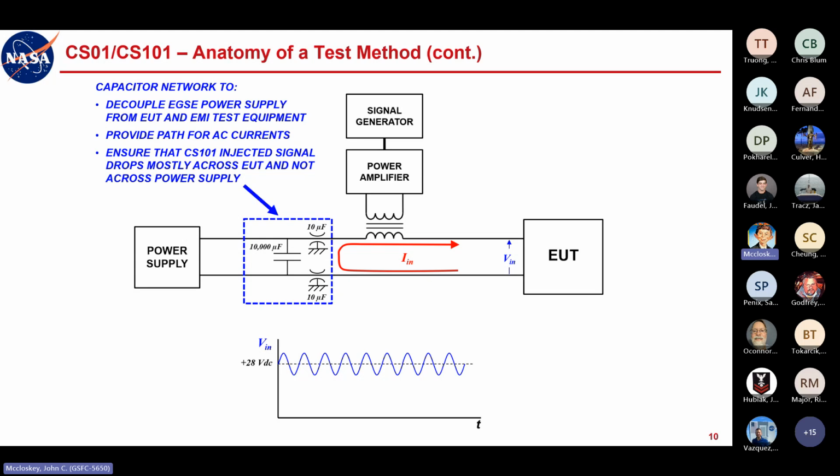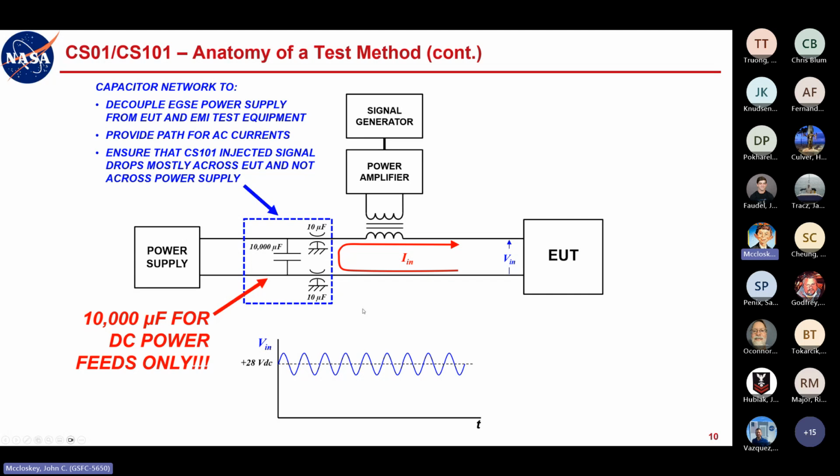And it ensures that the CS101 injected signal drops mostly across the EUT and not across the power supply. This gives you a low impedance down to low frequencies, so that you're always going to have some potential drop here, right? But if you minimize it, most of it's going across the EUT where you want it.